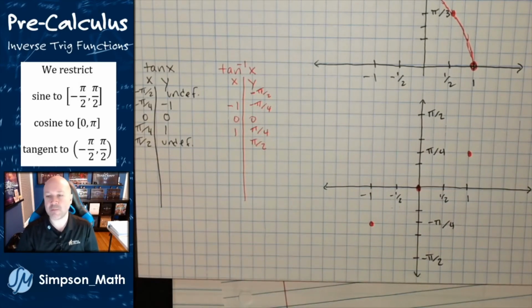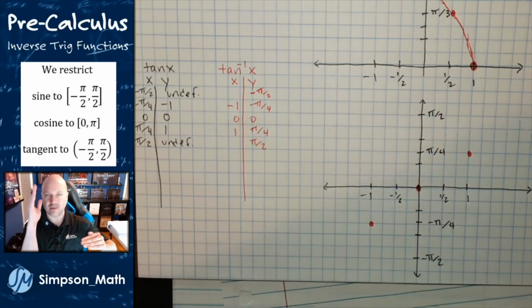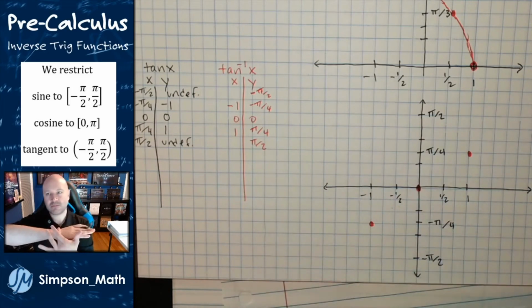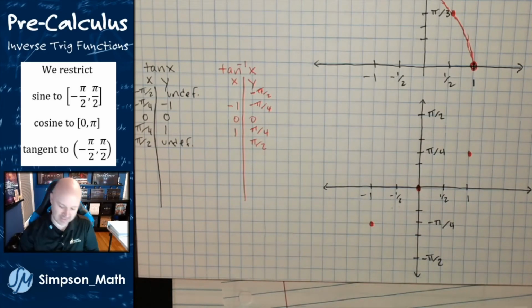Now to help me graph this, I'm going to think about what happens on regular tangent at the pi halves. Normally it's a vertical asymptote and I'm approaching it, but I never quite touch it. So that same thing is going to be happening here, but that asymptote has been changed to a horizontal asymptote.